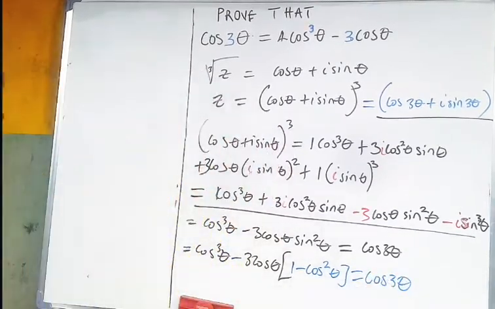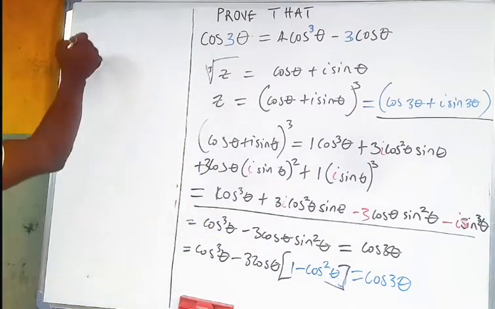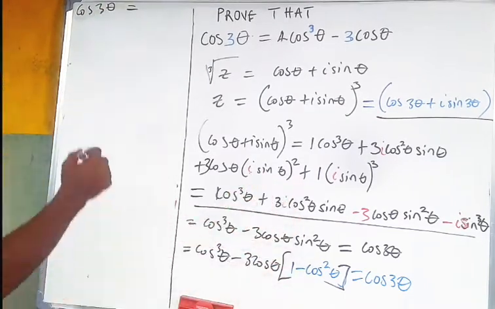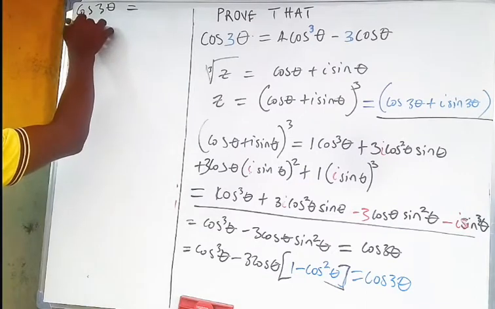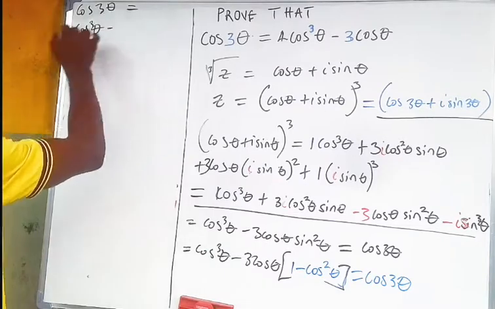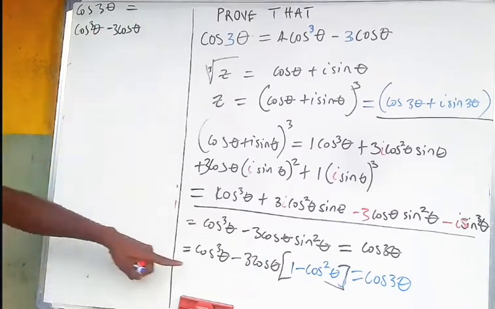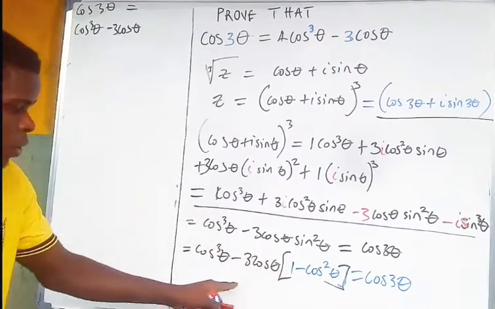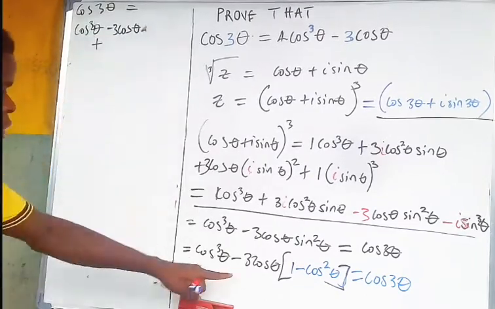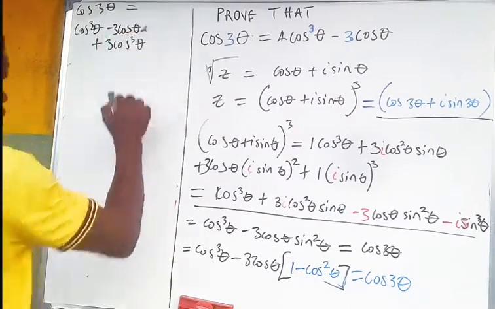Simplifying, we say cosine cube theta minus 3 cosine theta times 1, which is negative 3 cosine theta. Now negative times negative gives positive, plus 3 cosine cube theta.